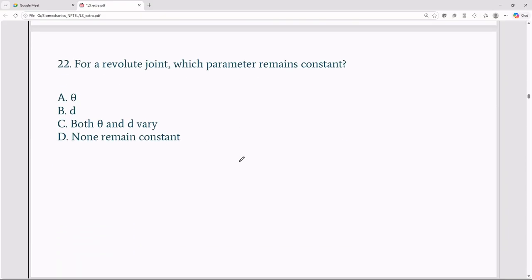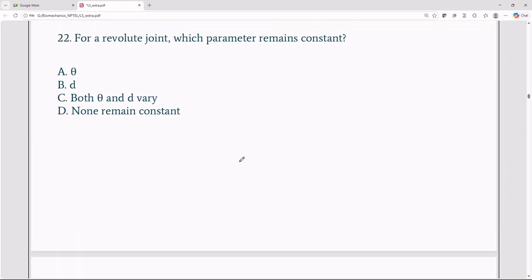Next question, particularly for a revolute joint. For a revolute joint, which parameter remains constant?